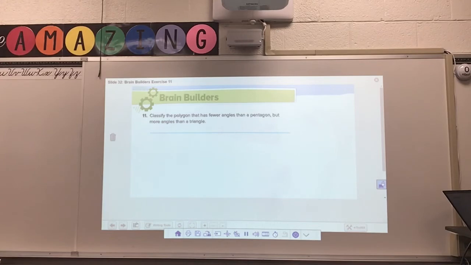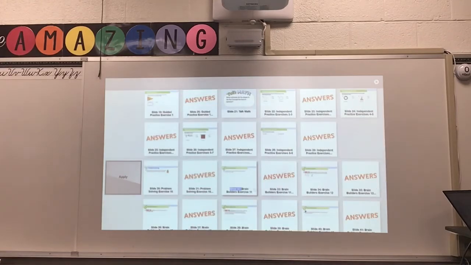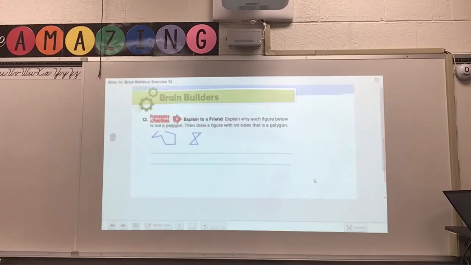All right, let's take a look at number 12. Number 12 says to explain why each figure below is not a polygon. Then draw a figure with 6 sides that is a polygon.